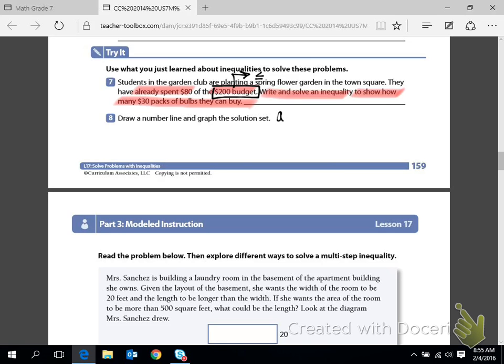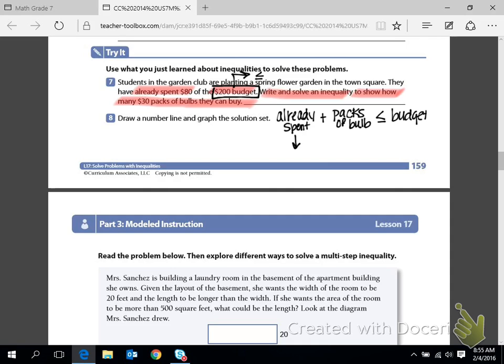So we're going to have what we have already spent in our problem, and we will add that to what we want to pay on packs of bulbs. And what we spend on those two items needs to be less than or equal to our budget. Again, this is making sense of the problem and creating an inequality statement.